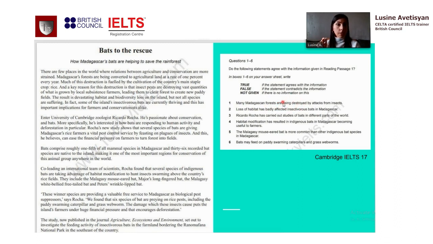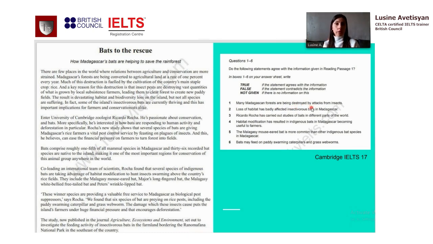This is about the present. Maybe the text speaks about the past, how it was, but how it is now. These are some tricks, okay? And by what? By who? So they are destroyed by attacks from insects. In other words, insects attack the Madagascan forests, as a result of which the forests become destroyed.